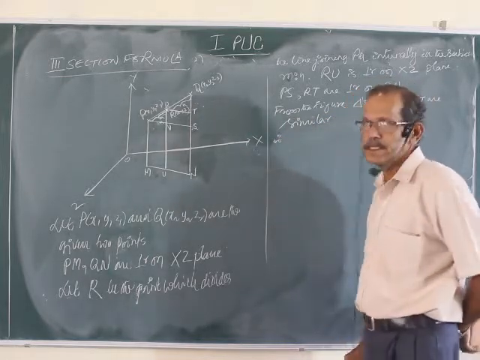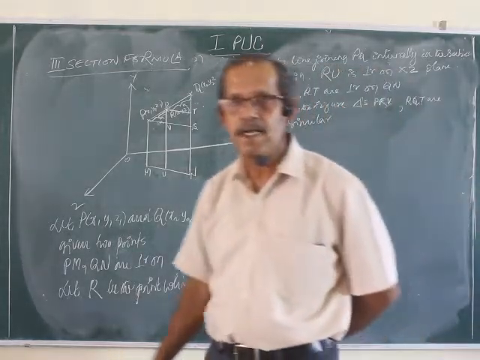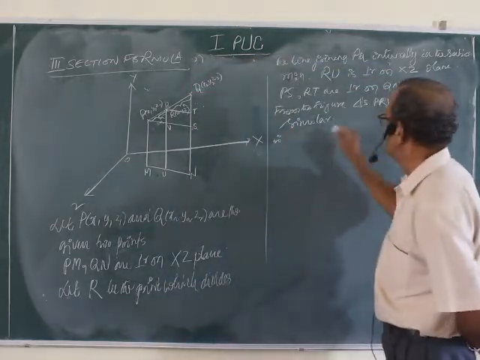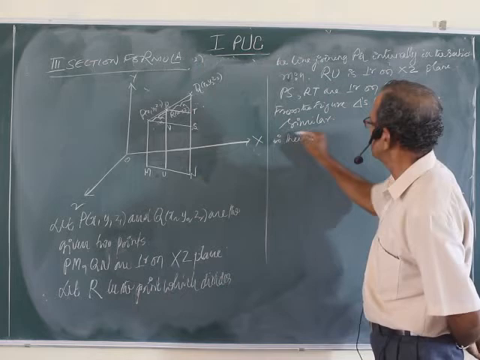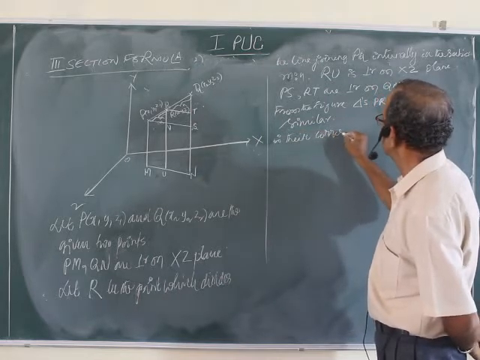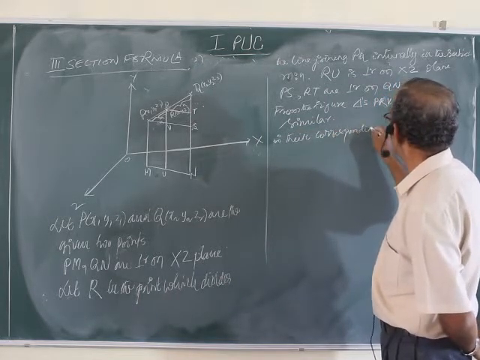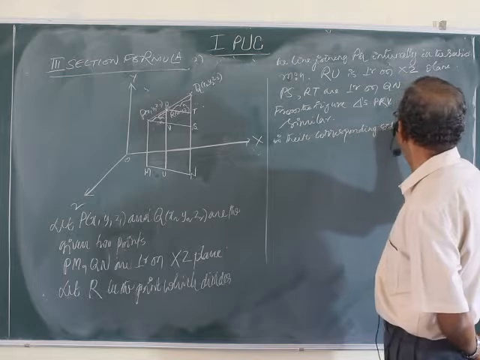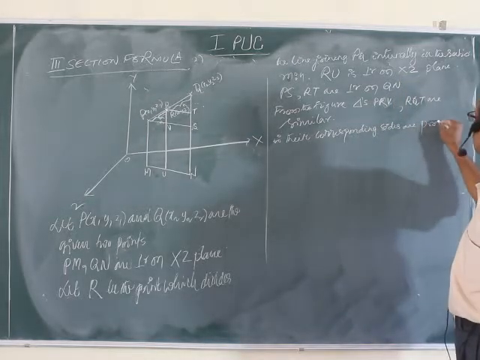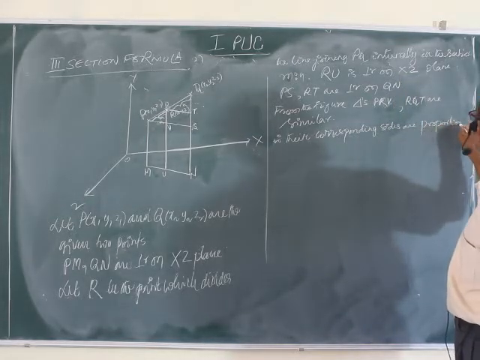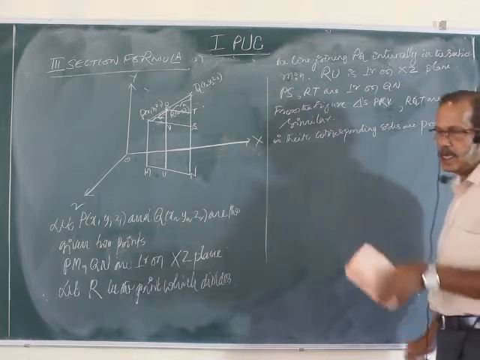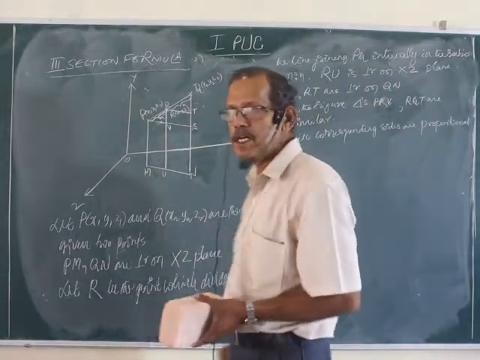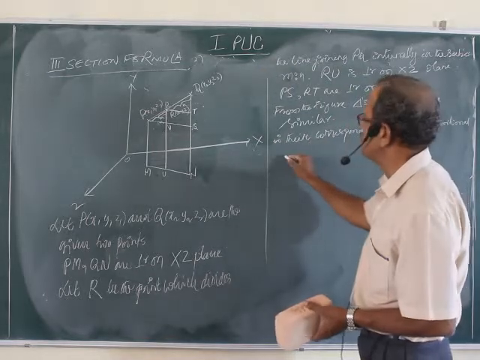Therefore, if they are similar, their corresponding sides are proportional. Remember, corresponding sides are proportional. Which are the sides? Let me write one by one.